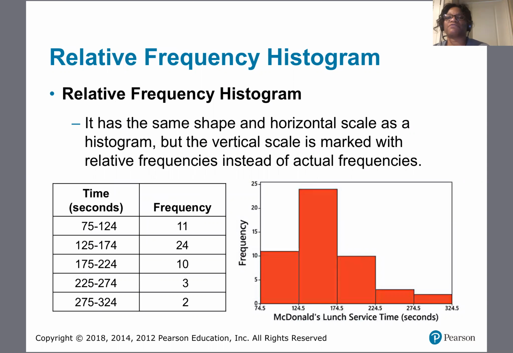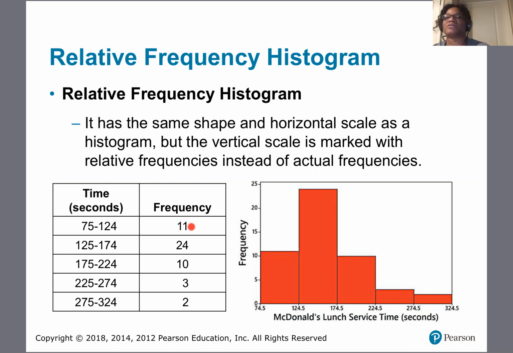Now, a relative frequency histogram has the same shape and horizontal scale as a regular histogram, but the vertical scale is marked with relative frequencies instead of the actual frequencies. So on the left-hand side here, you have relative frequency instead of the regular frequency values. What you see here is that we have them marked by their frequency value.